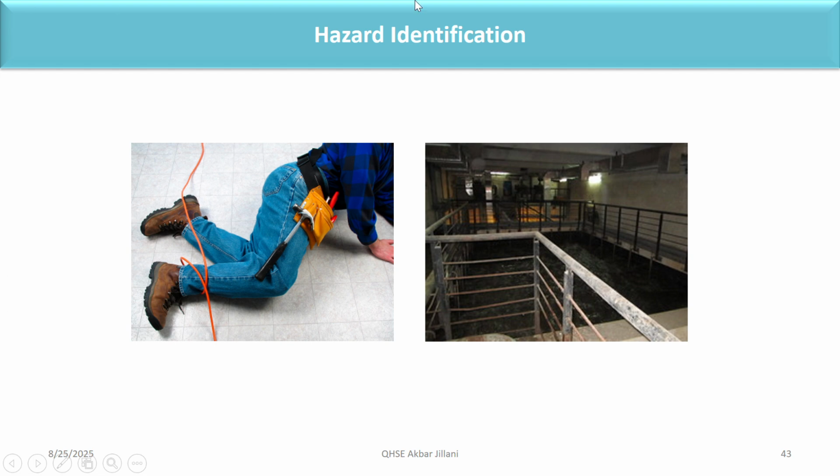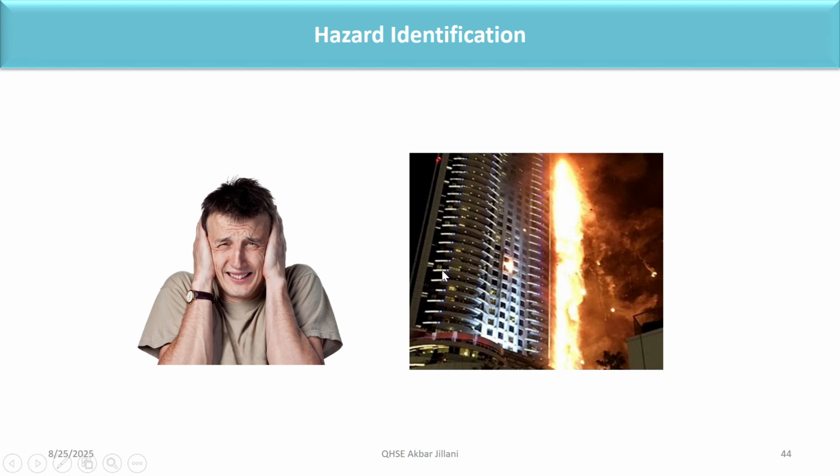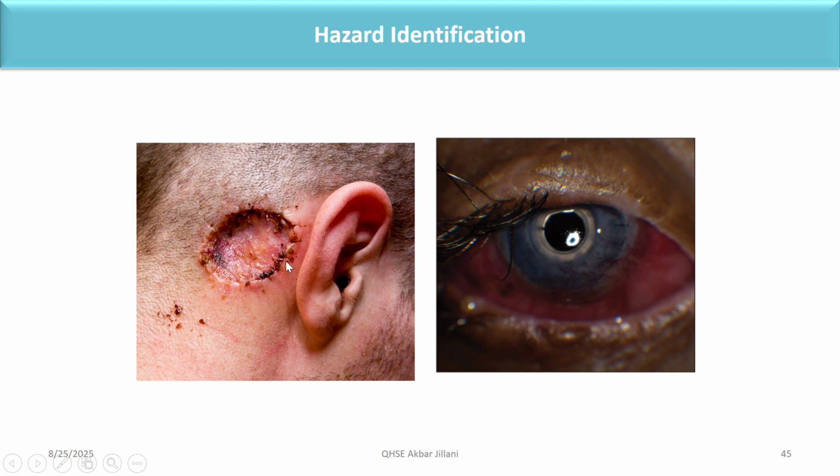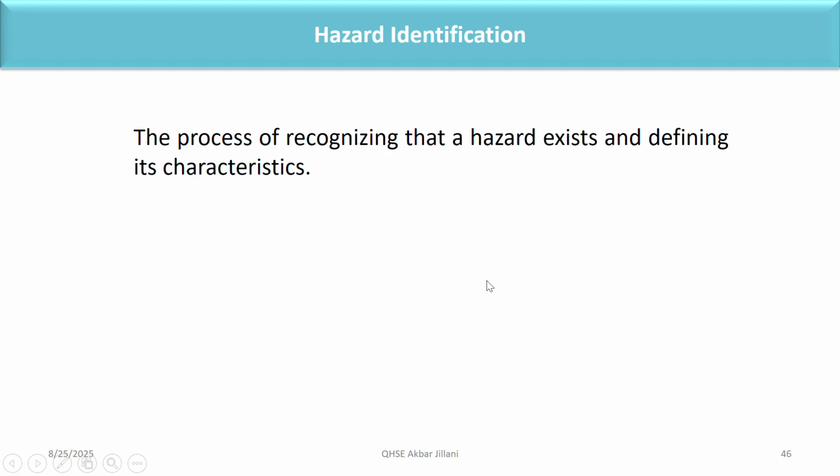Now see here, we can see there's the slip hazard over here, and over here the light problem. See, low light, low lux number, like see noise. Here we have the fire. Here some fungal attack, dermatitis, biological hazard.